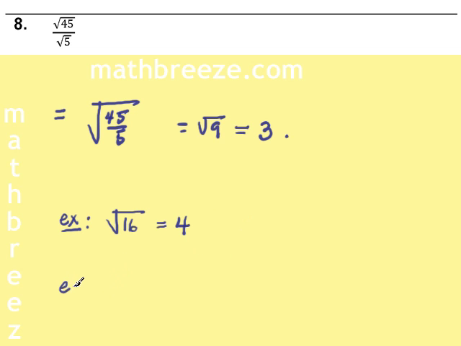If I were to write the following, square root 16, and take the square root of that, then square root of 16 I could replace with 4, and square root of 4 then is 2. Okay, so here we get 4 and here we get 2.